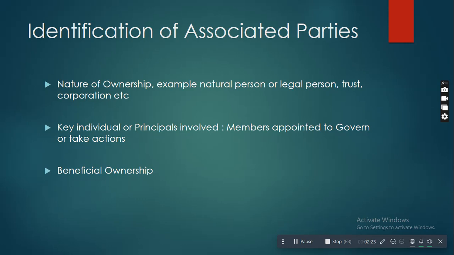One of the things we also look into is, for example, party A, a manufacturer, who wants to get onboarded with your financial institution. You are doing the KYC of party A and you have done it properly.